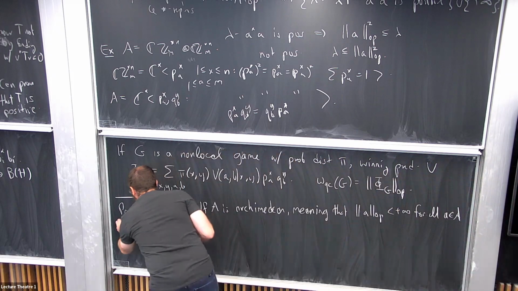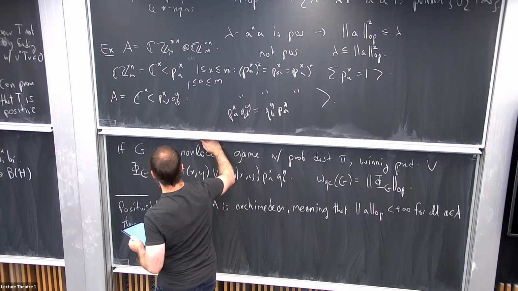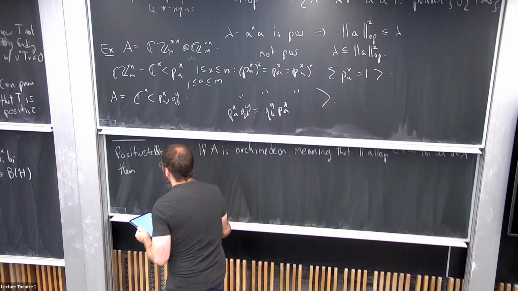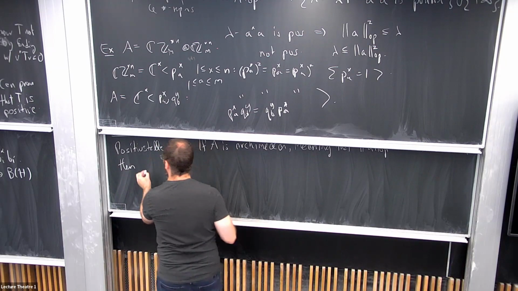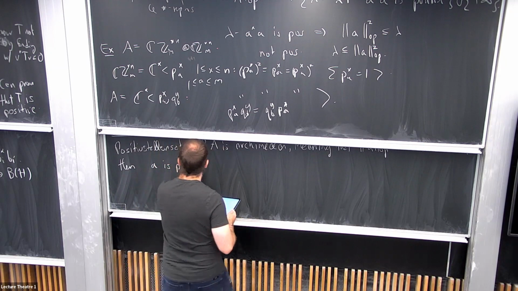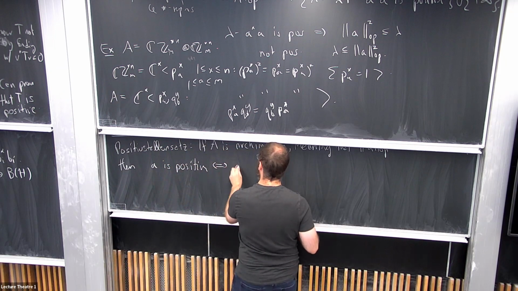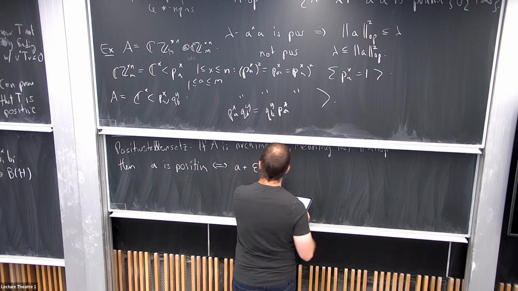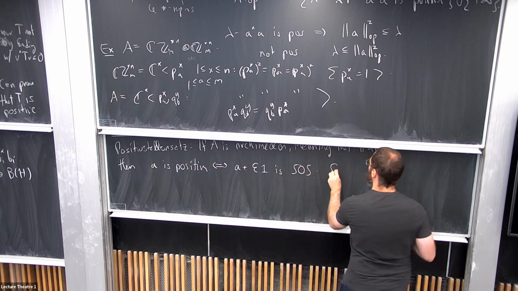Then we have that a is positive in this representation sense here if and only if a plus epsilon times the identity is a sum of squares for all epsilon greater than 0.